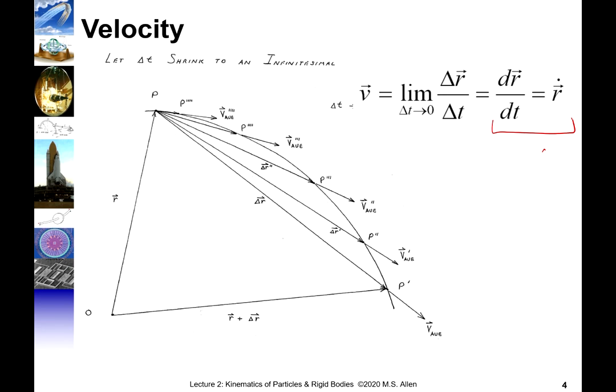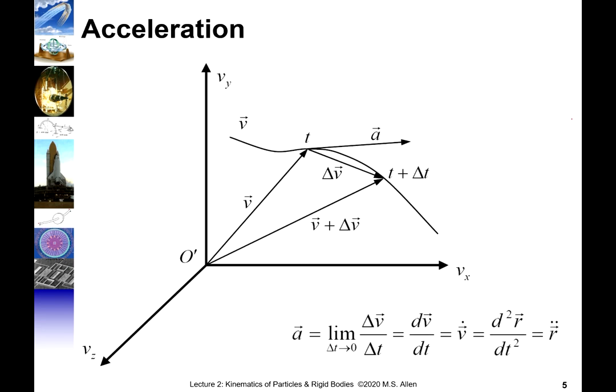All right, so that's velocity, and we could do the same thing with acceleration. We don't have as good of an insight maybe for acceleration. But if we were to plot a velocity path, and we were to look at v and v plus delta v, we could do the same thing to say that acceleration has to be tangent to a velocity curve.